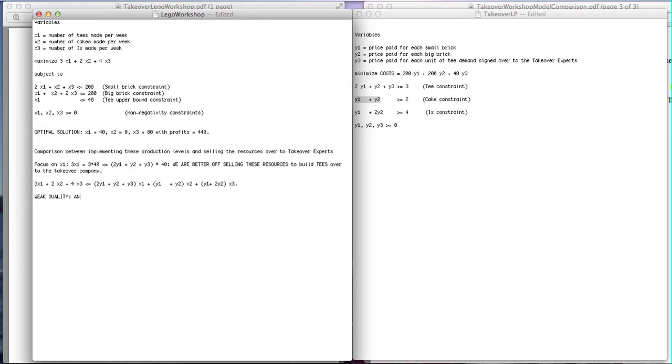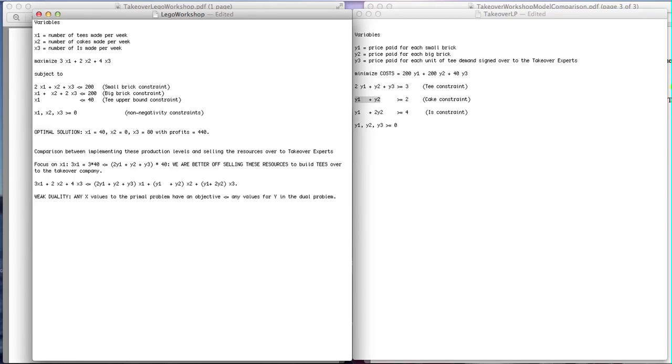Any x values to the primal problem have an objective less than or equal to the objective of any values for y in the dual problem. So any feasible solution to the workshop example has an objective function less than or equal to any feasible solution to the dual problem.